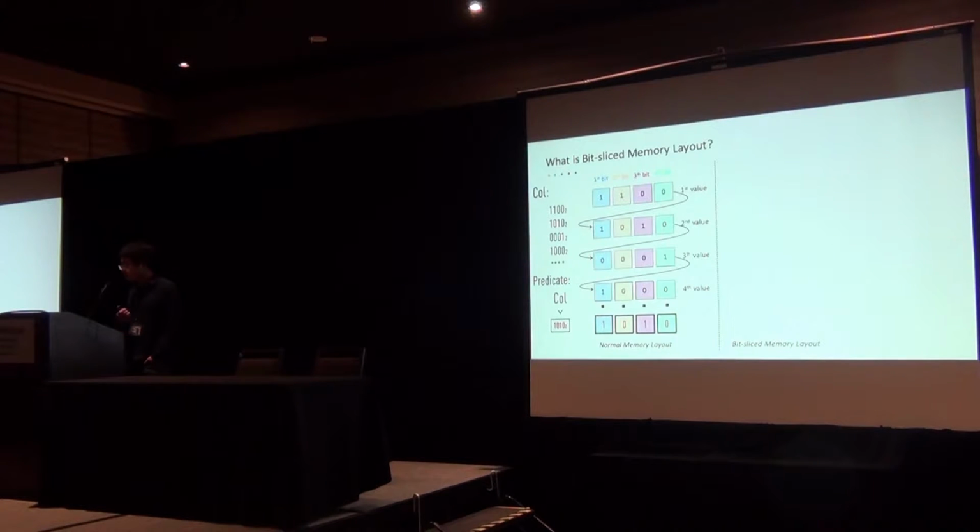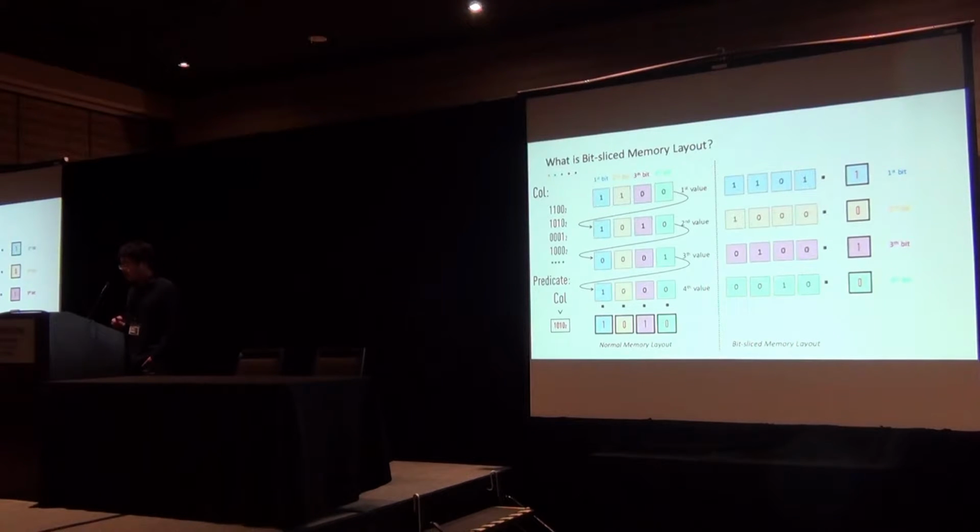We store the first bit of all the values of this column together, followed by the second bit of all the values, then the third bit and the fourth bit. Then we can do the predicate evaluation on the bit serial memory layout.